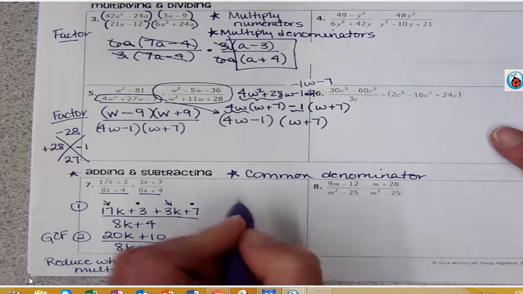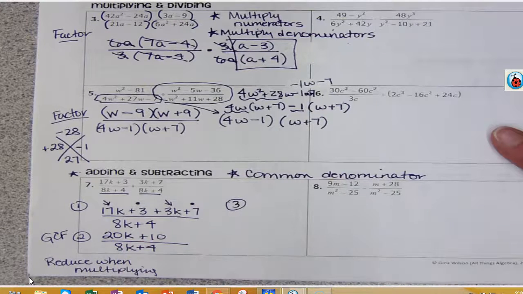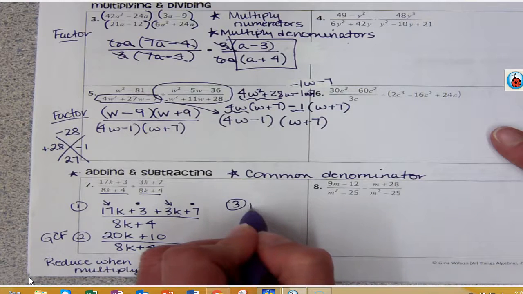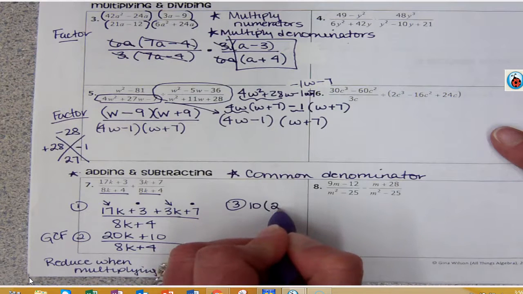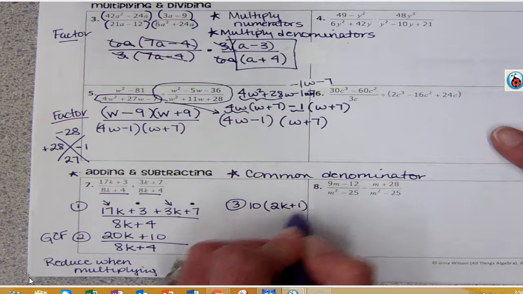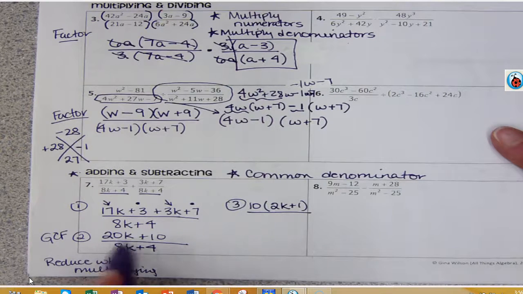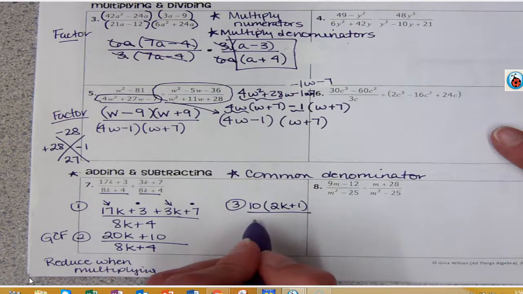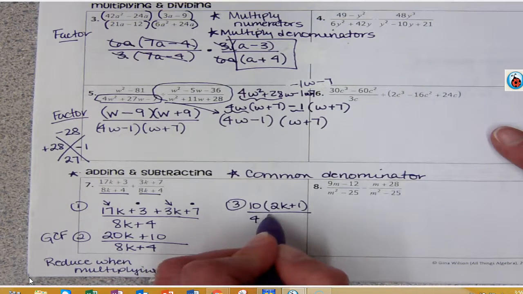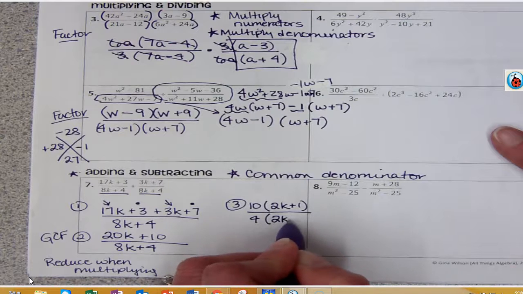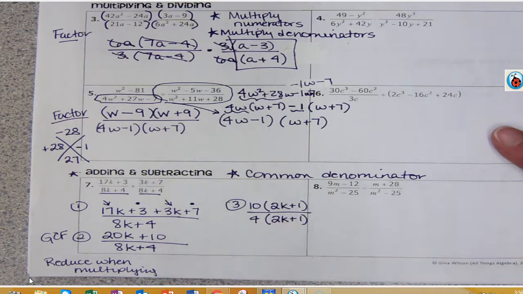Okay, so I'm going to look for greatest common factor, and in the top I notice that I've got 10 could be my greatest common factor there, 2k plus 1. When I take 10 out of both of these, my greatest common factor here is going to be 4. And I've got 2k plus 1.